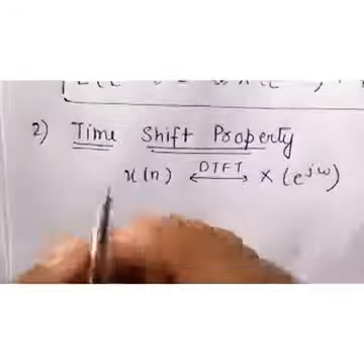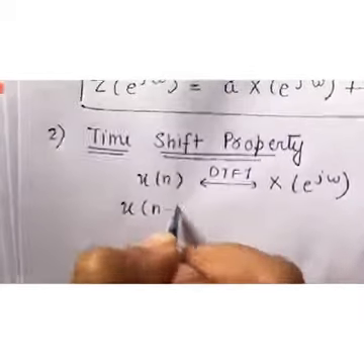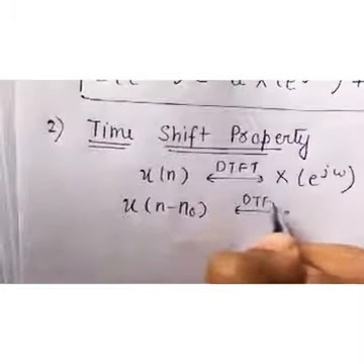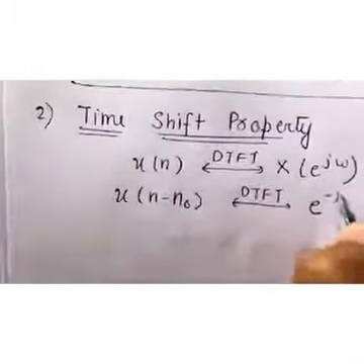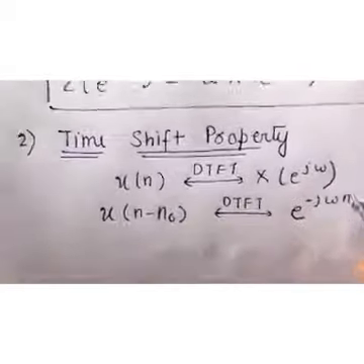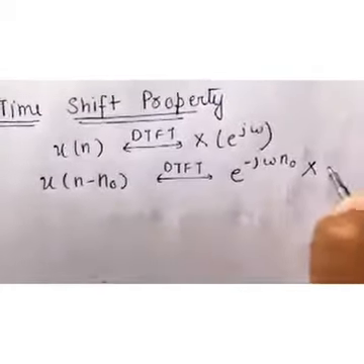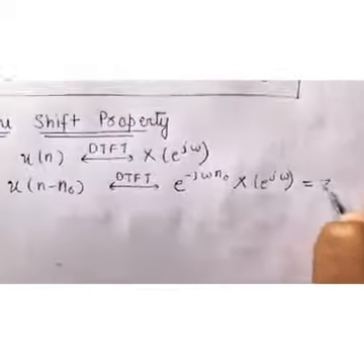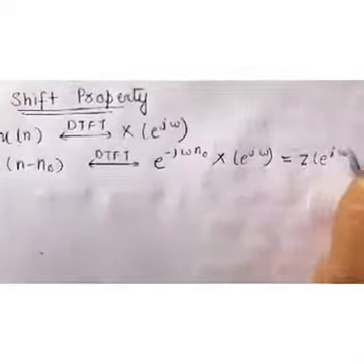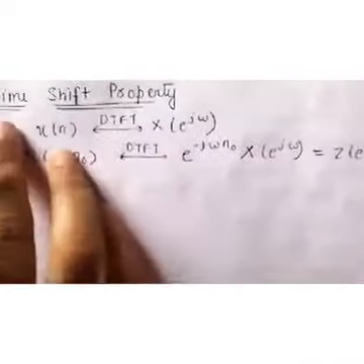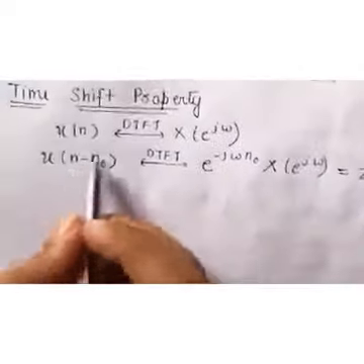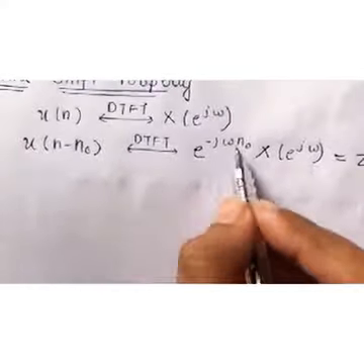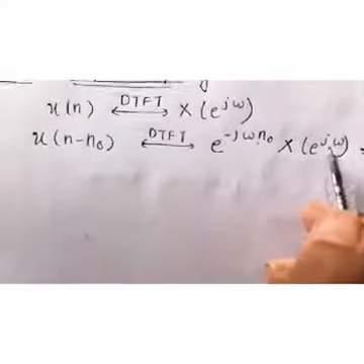The time shift property states that x of n minus n naught has DTFT equal to e to the power minus j omega n naught times X of e^j omega. A shift in the input gives the result e to the power minus j omega n naught multiplied by X of e^j omega.